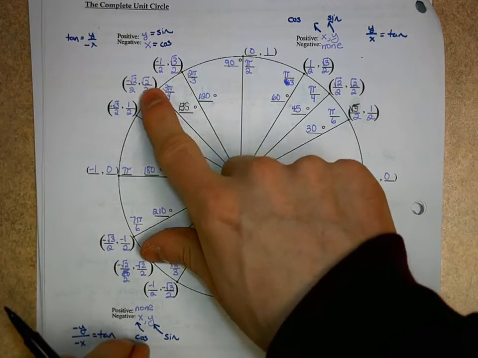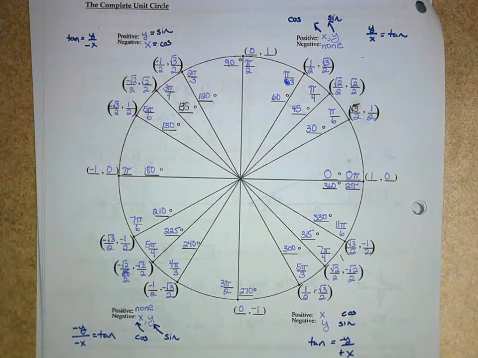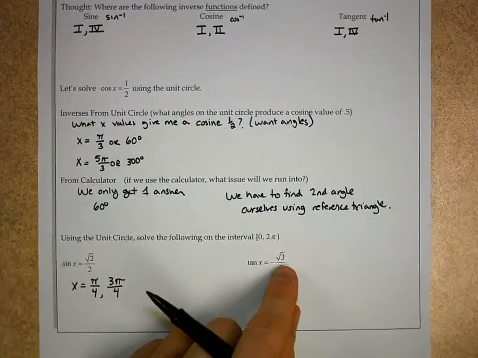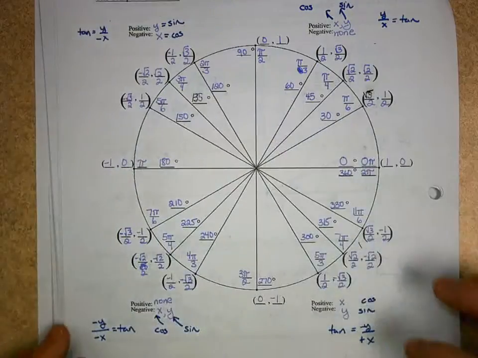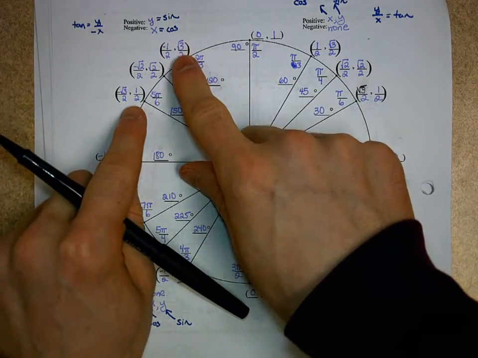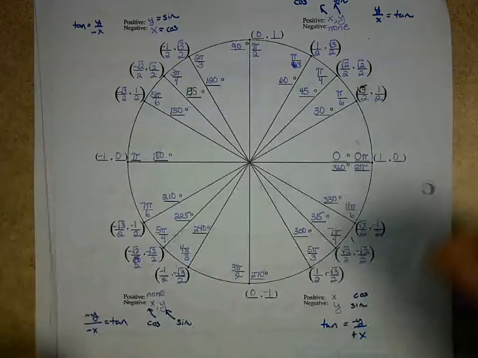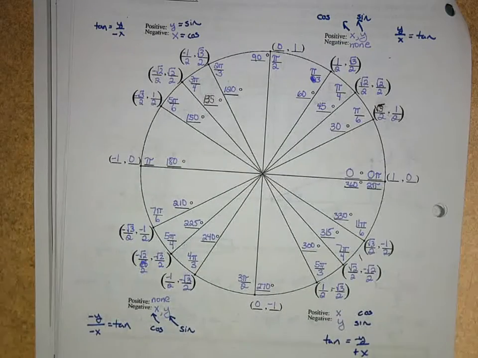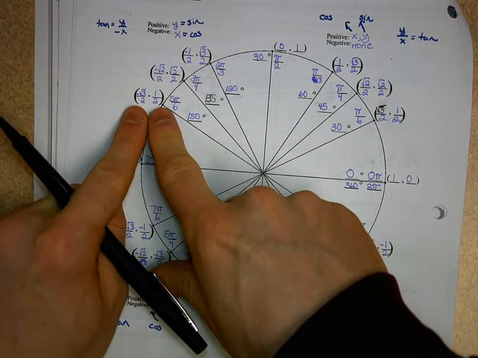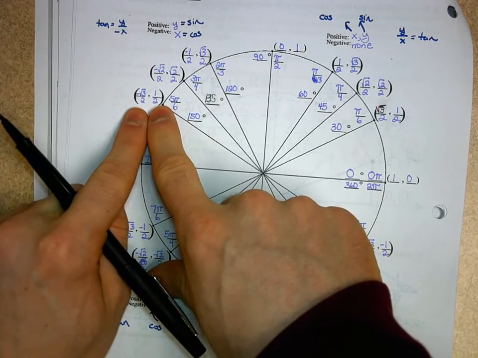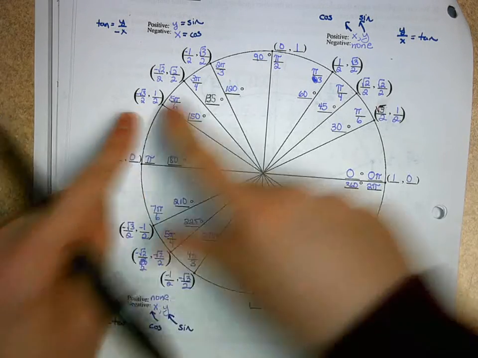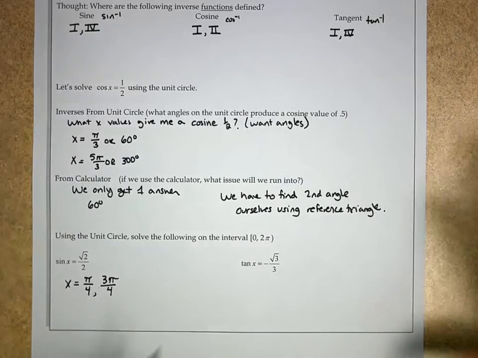So I've got to take my y's divided by my x's for each of my ordered pairs. And since this answer has a square root of 3 in it, I can limit myself to one of these two ordered pairs. In this case, the y divided by x that's going to work is this one right here, the negative square root of 3 over 2 and 1/2, which is going to be 5 pi over 6.